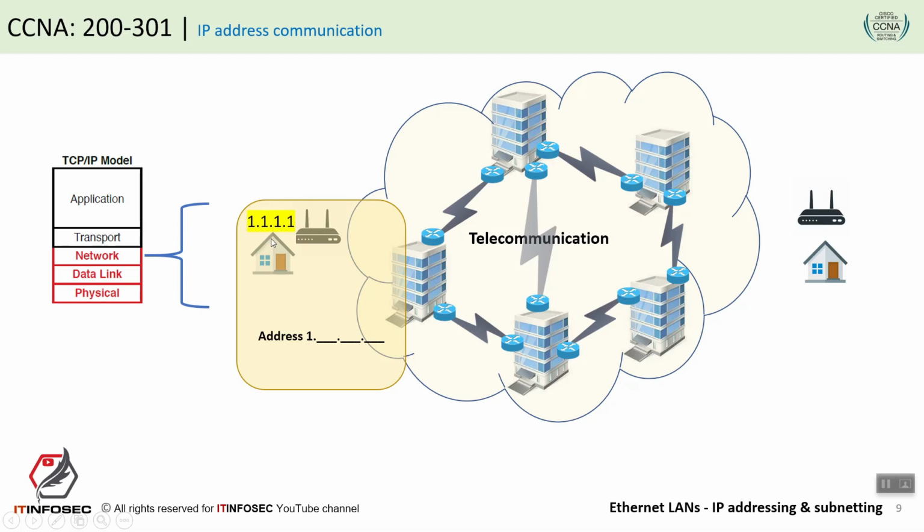We will discuss this exactly later in this course. For example, source address 1.1.1.1, quad 1, sends the data to the destination address quad 2, and the data is routed by routers to the destination.